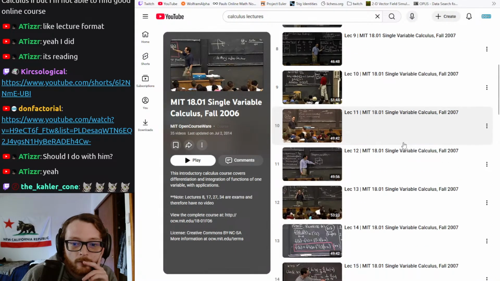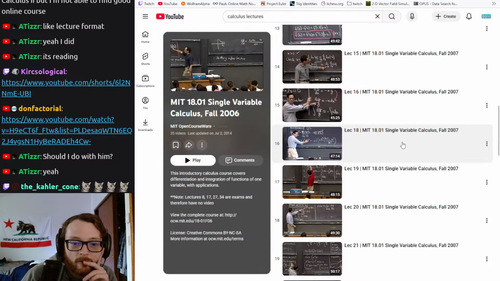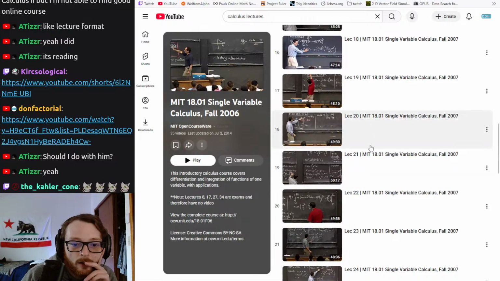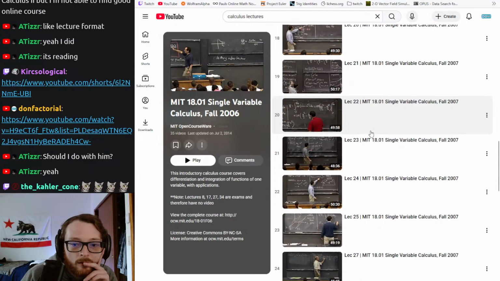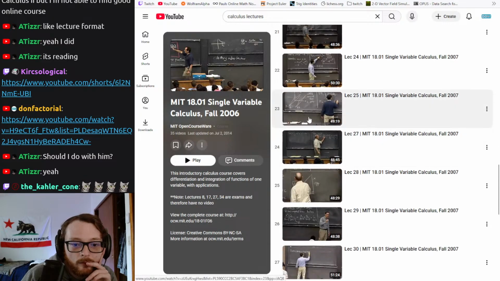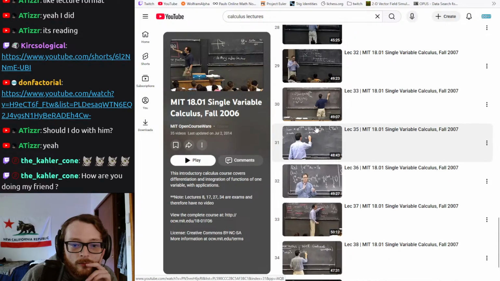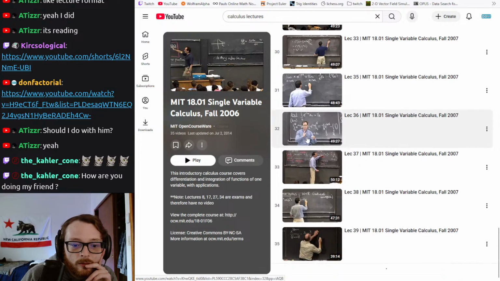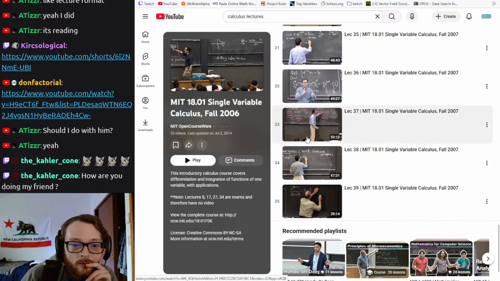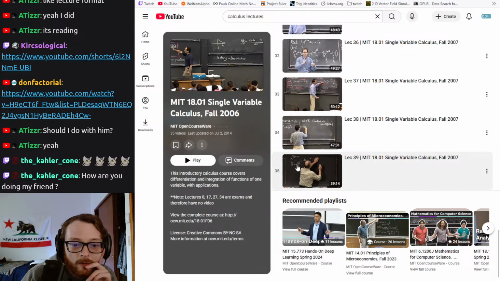Hey, Collar Cone. They don't say what's happening. Oh, hey, this looks, just going off the thumbnails, integration by parts. Oh yeah, that's a power series right there.